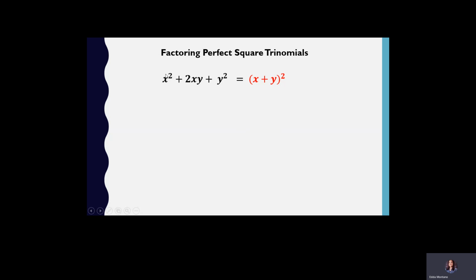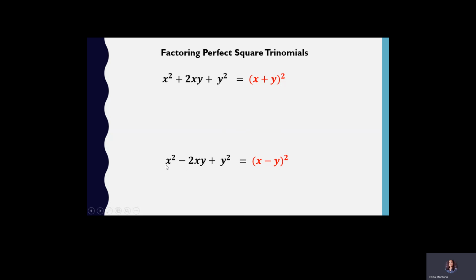How did you get that? Get the square root of x squared, put it here, copy the sign of the middle term. Since our middle term is positive, then our resulting factor is also positive. Then get the square root of y squared and write it here. How do you check the middle term? Multiply x times y, multiply it again by 2. So, this is correct. Now, for our negative, teacher, what if the middle term is negative?